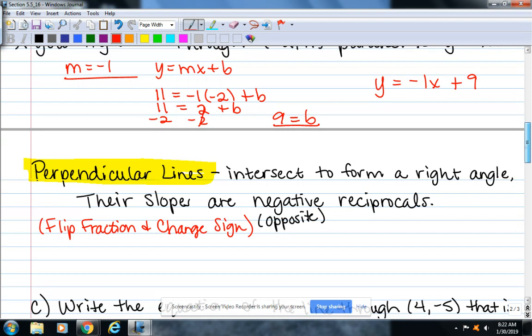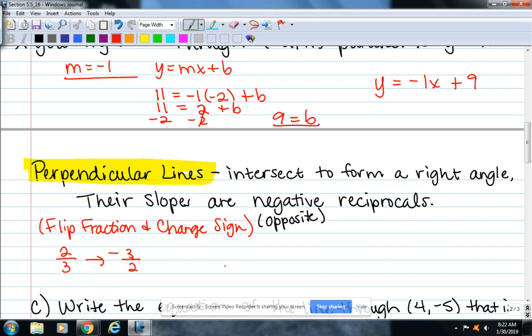So let me do a few examples for you. Say our slope of one line is 2/3. So the slope of the line perpendicular to that line, I flip the fraction, 3/2, change the sign. That was positive, I make this one negative. Okay? Flip the fraction, change the sign. So there's one example.